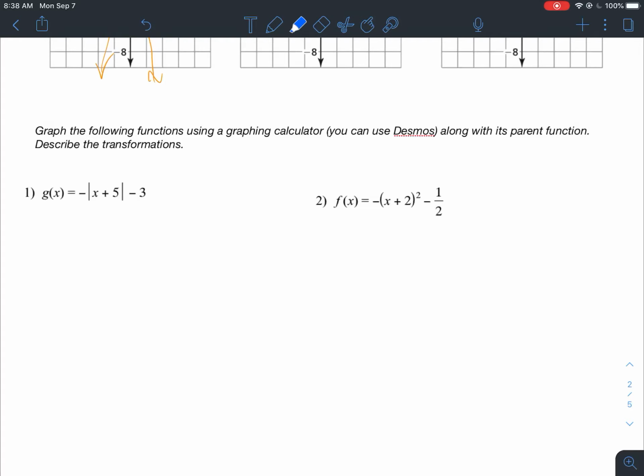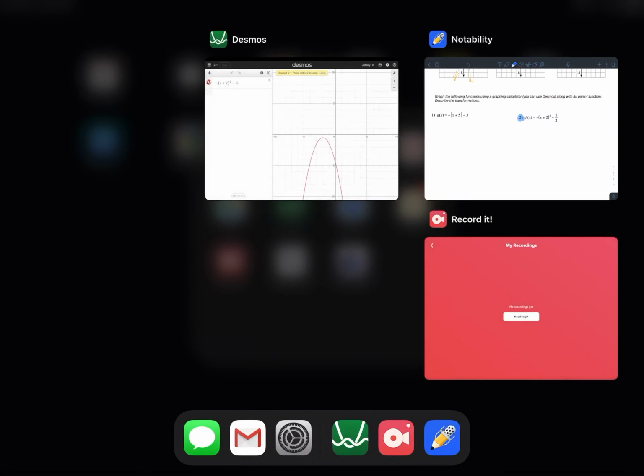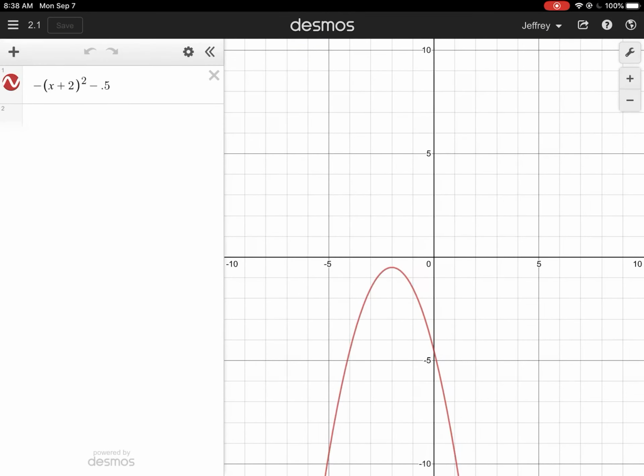And then it asks us to graph the following functions using a graphing calculator. I'll just use Desmos, and I'm just going to do number 2, but you guys can look at number 1 and get familiar again with the absolute value functions. I would recommend that you do. If we graph this one right here, we get something like this, and it's asking us to list the transformations.